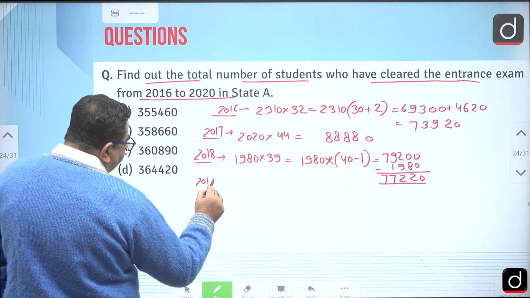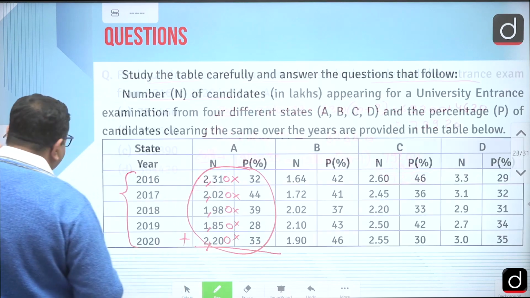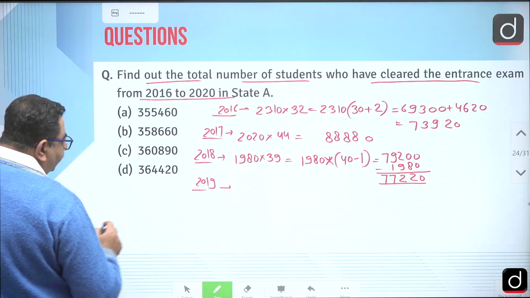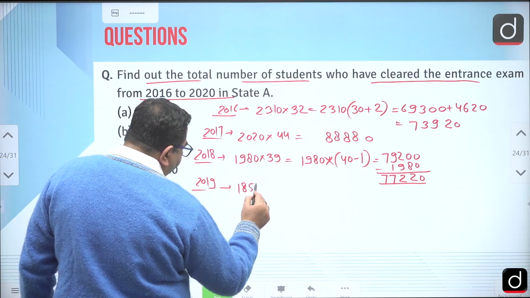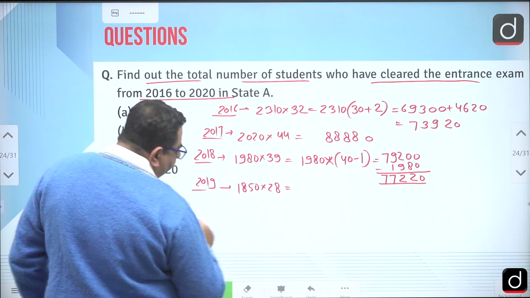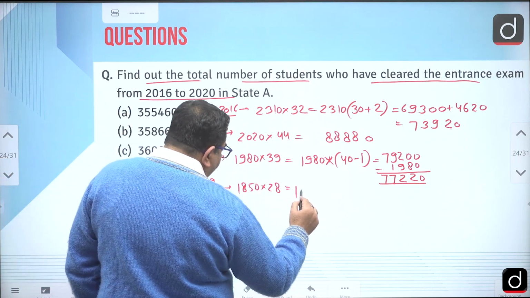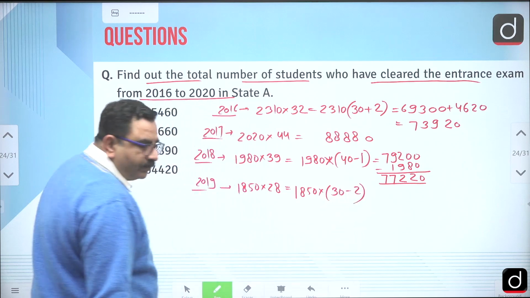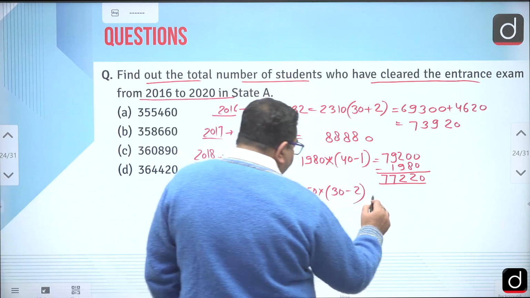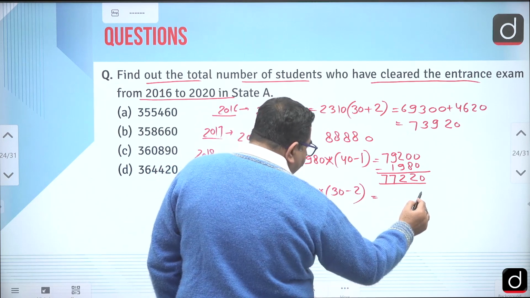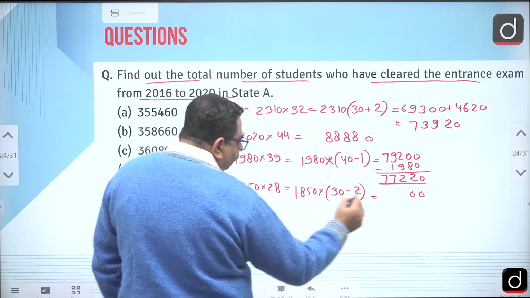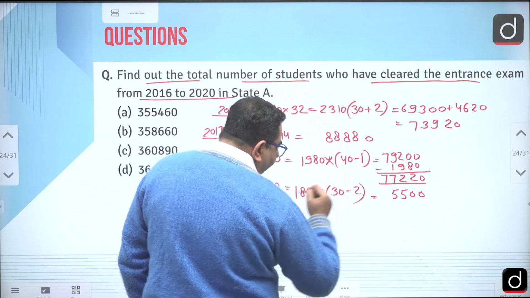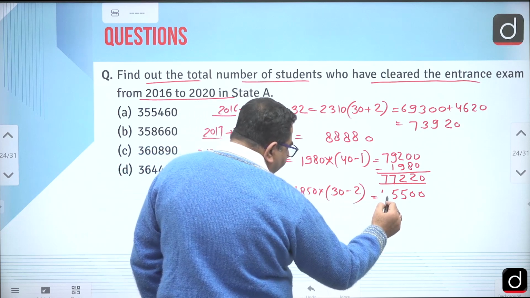Then in 2019, we can check 1850 into 28. Now I think you are also getting how we can write 1850 into 30 minus 2. So 1850 into 30: 00, then 3 into 5 is 15, 3 into 8, 24 plus 1, 25, 2 carry, 3 plus 2, 5.